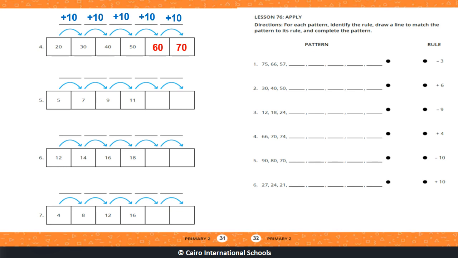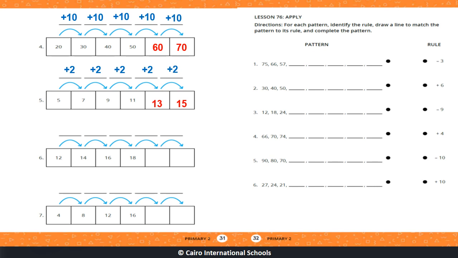Subtract the first two numbers. 7 minus 5 equals 2. So each time we are adding 2. So plus 2 will be the pattern rule. 5 plus 2 equals 7. 7 plus 2 equals 9. 9 plus 2 equals 11. 11 plus 2 equals 13. 13 plus 2 equals 15.